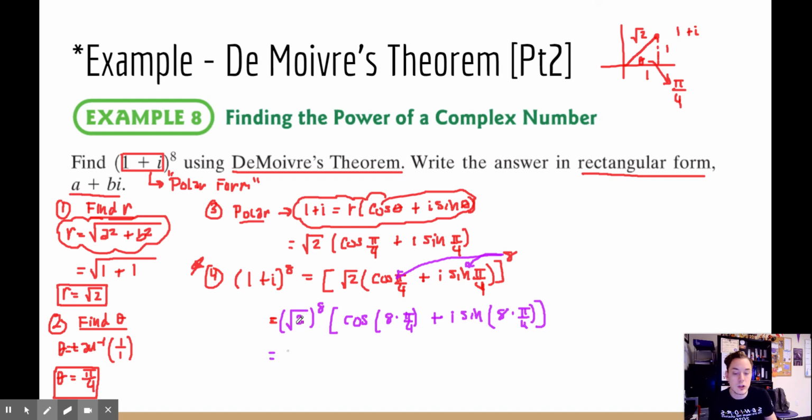Now you could do radical 2 to the 8th power and simplify that however you want. Technically, you can rewrite this as 2 to the, I'm trying to think about the index.